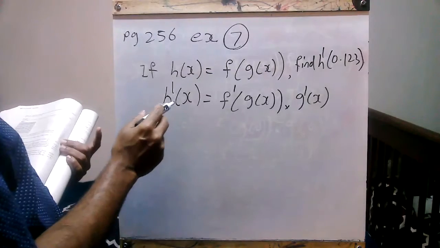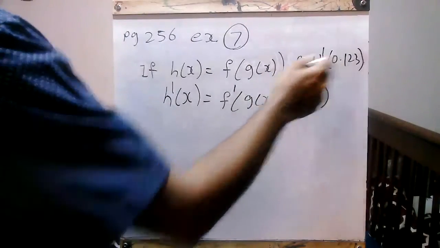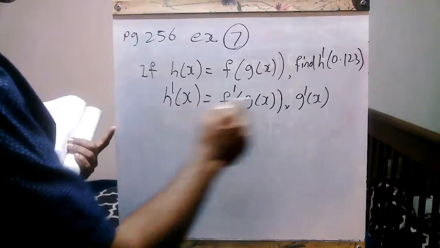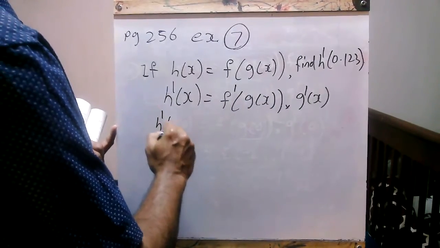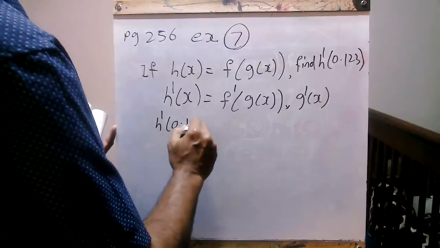Now we want to find h'(0.123). Substitute that for x.